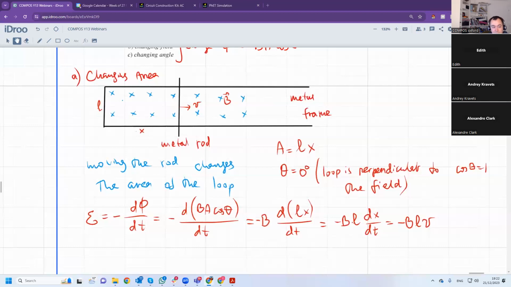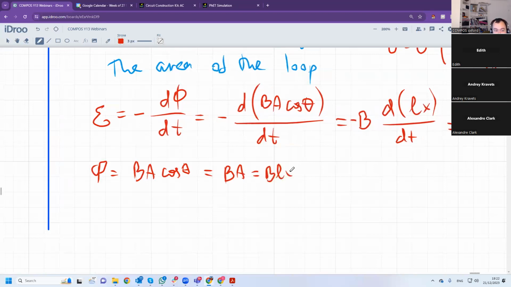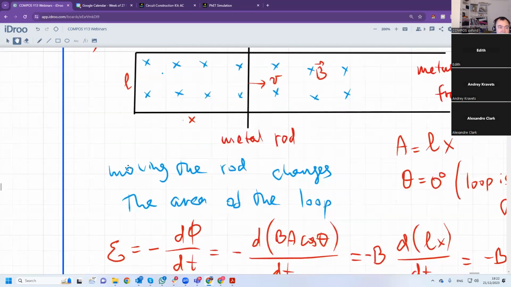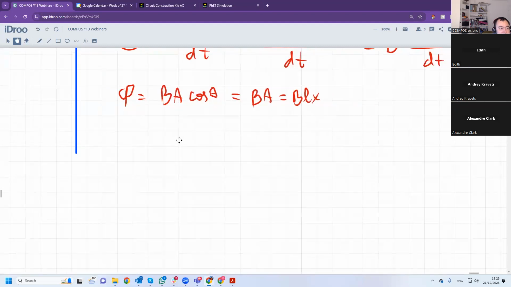I'm just showing you how, because this is Faraday's law, what I've done here is I said flux is BA cos theta, but cos theta is 1, so it's BA. And area is LX, because area is the area of the rectangle, L times X. That's this area. So I'm differentiating this, just finding the derivative with respect to t.